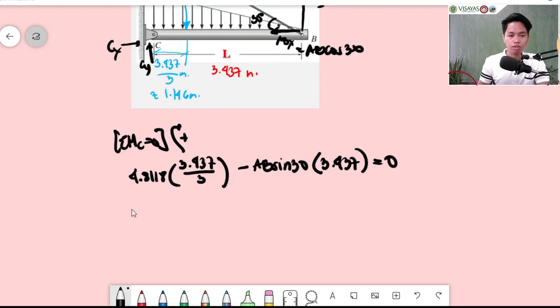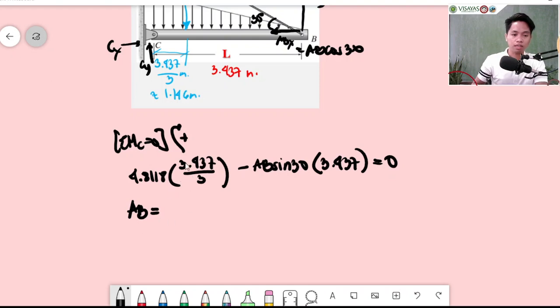Okay, so using this equation, we can get the force acting at cable AB or wire AB. That would be 4.8118 multiplied by 3.437 divided by 3, then divided by 3.437 sine 30.